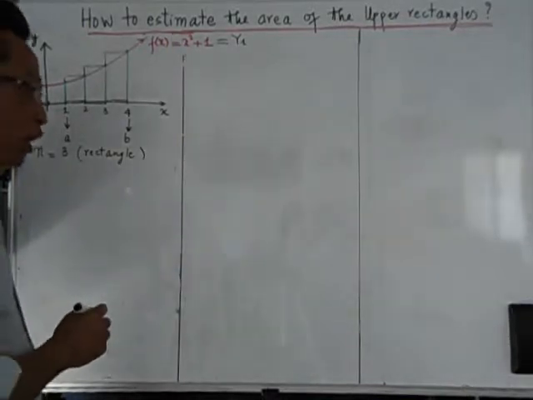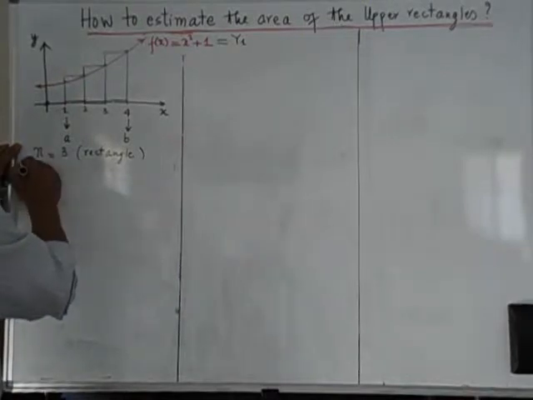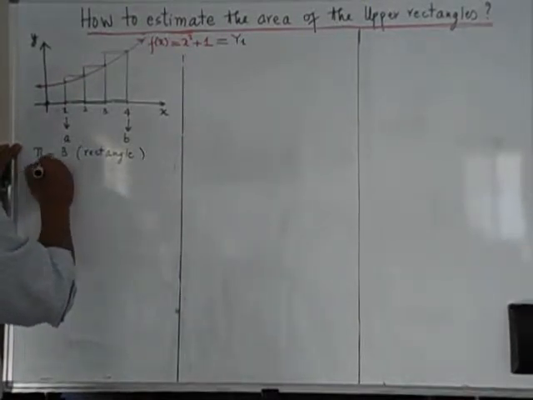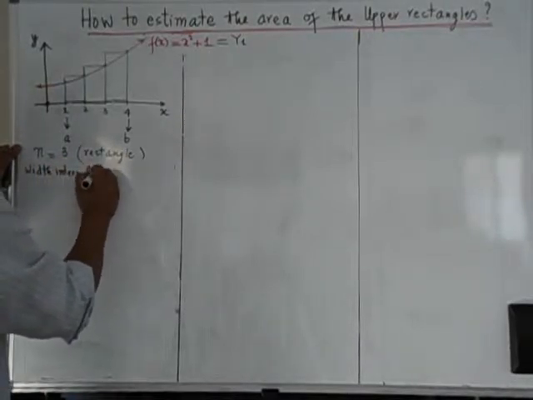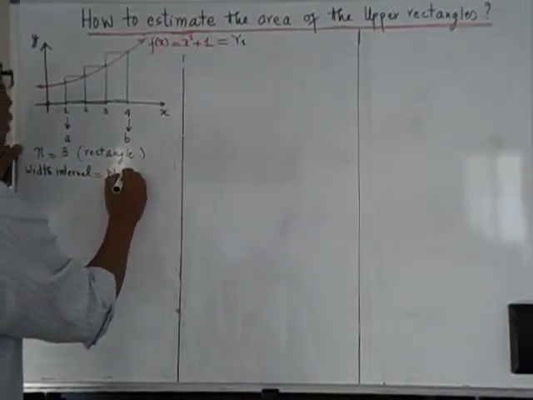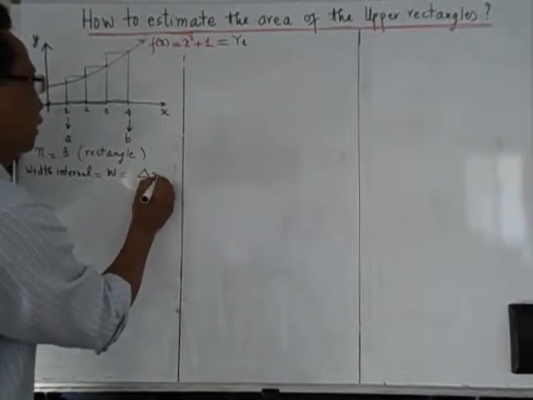We call it the width interval, denoted by delta x.